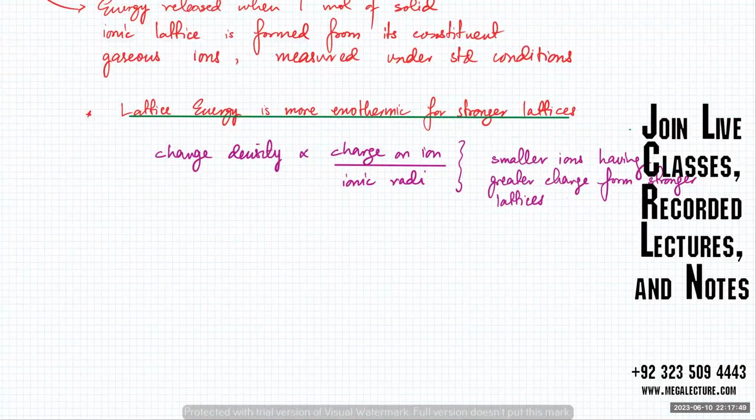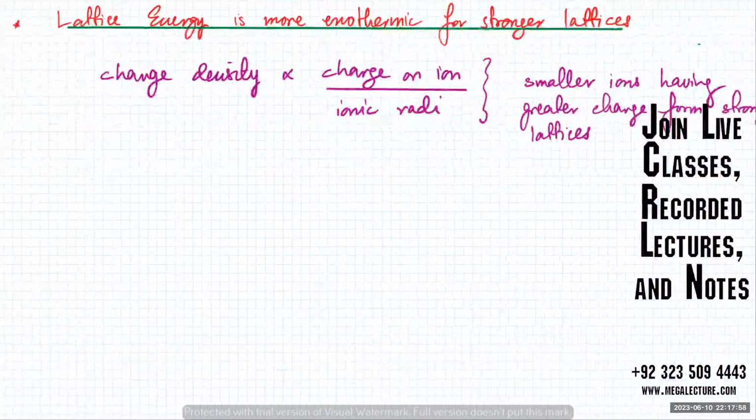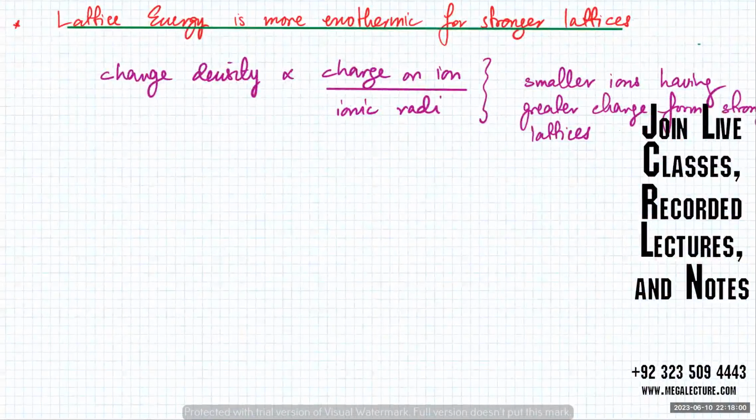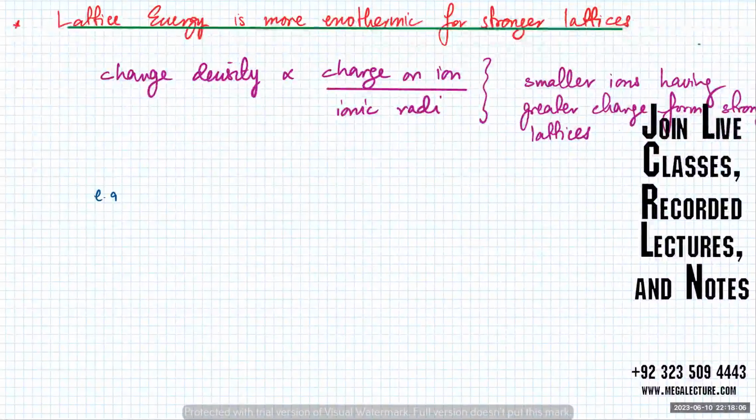Now about ions, you should have some idea about how the ionic radii change. This is just a brief example on finding out which one is bigger and which one is smaller.